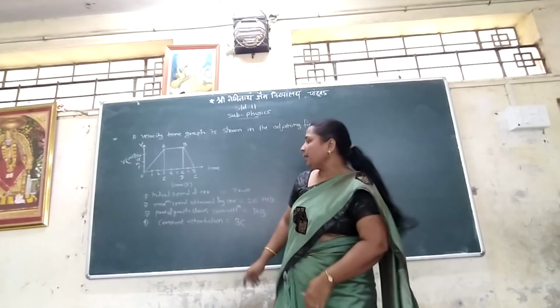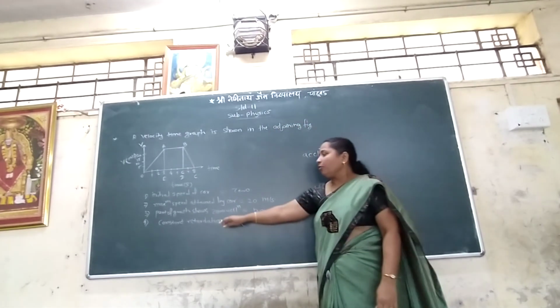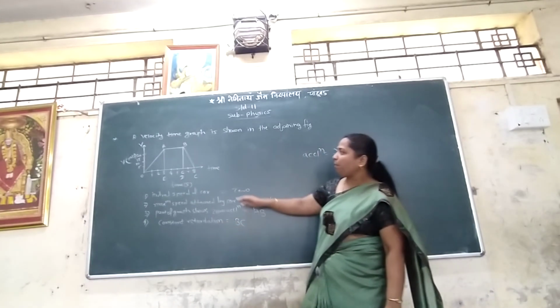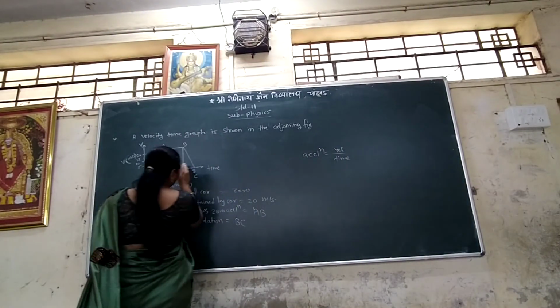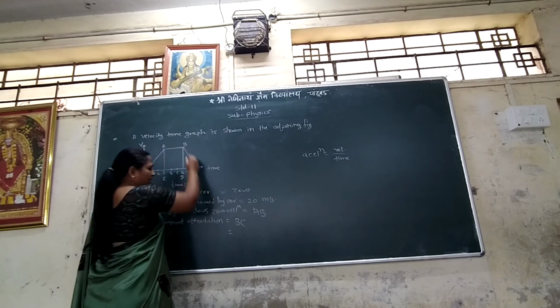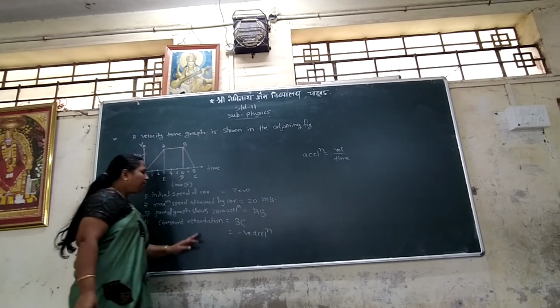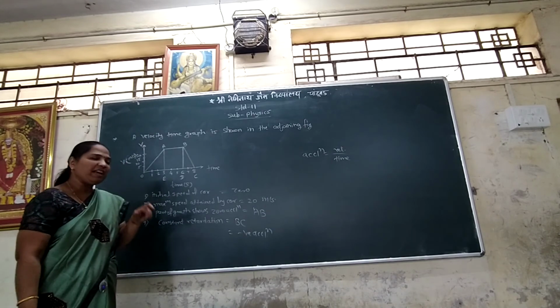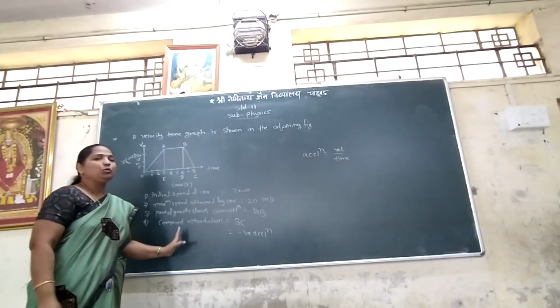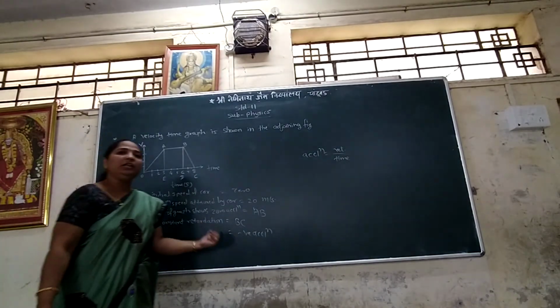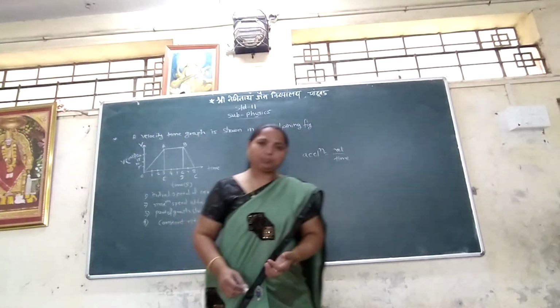Decreasing velocity means retardation, constant retardation. Which part shows retardation or negative acceleration? The BC part shows retardation, or negative acceleration.